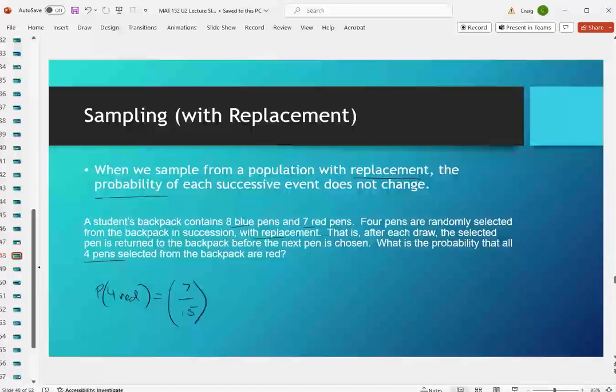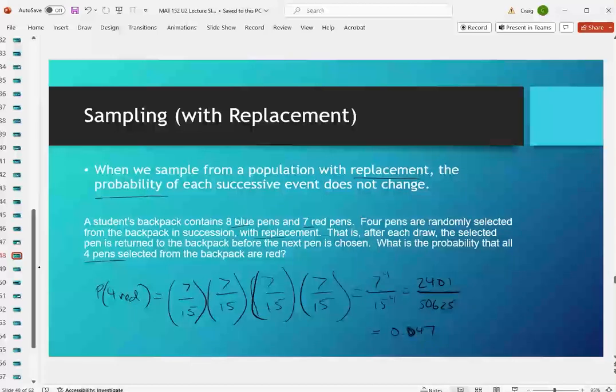For the first choice, we put it back. 7 out of 15 for the second choice, we put it back, and so on. My parentheses are getting a little wonky here. That's 7 to the 4th power over 15 to the 4th power. If you plug that into a calculator, 2401 over 50,625, or 0.047.